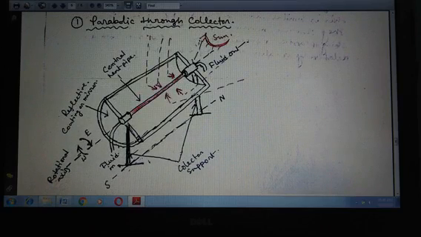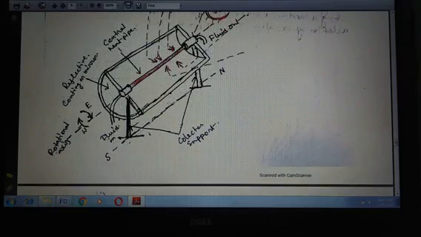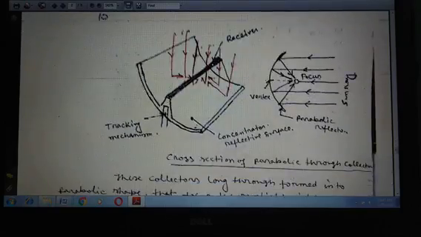In this collector there are different components: this is the central heat pipe, this is the fluid outlet, this is the fluid inlet, and these are the collector supports. With the help of the supports, the tracking system is installed, and this is the reflecting coating mirror. The rotational axis is like this, and this is the position of the sun and the sun rays. So this is the block diagram of the collector.